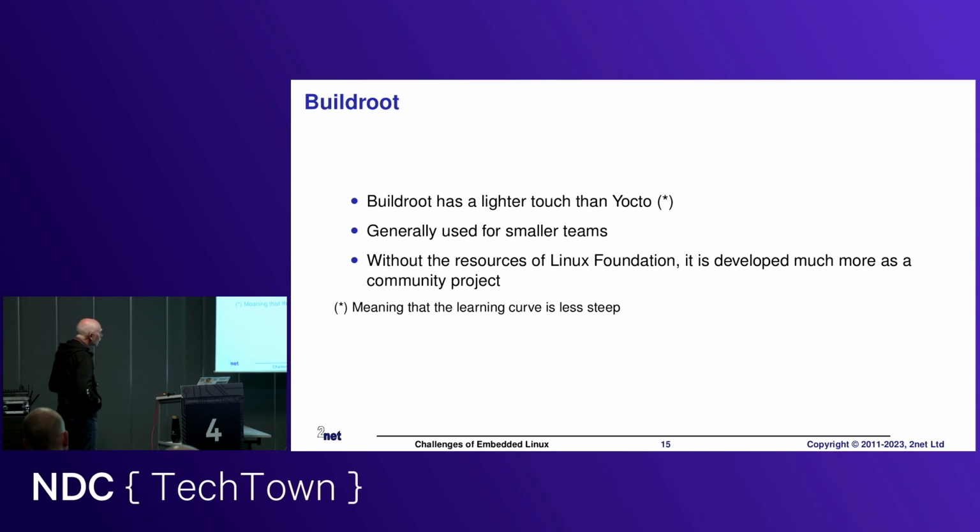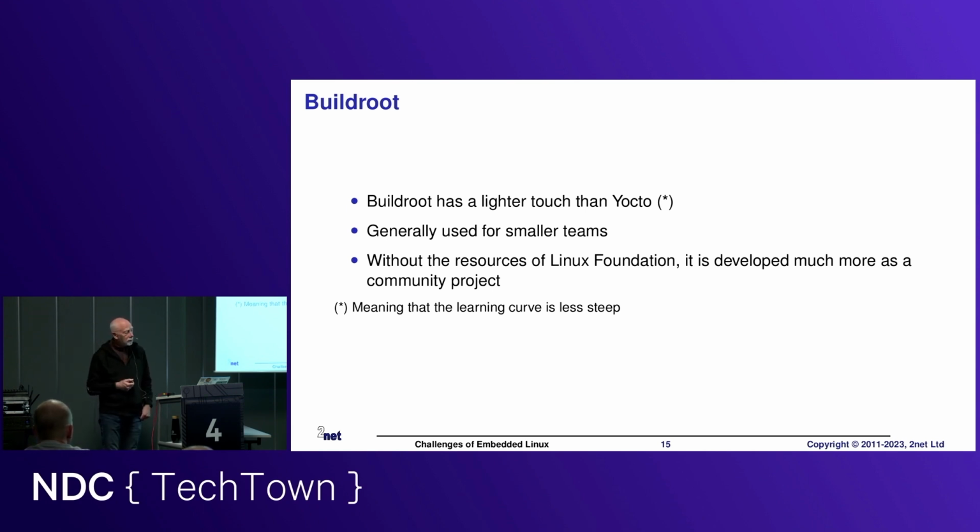Also, I'm going to mention Buildroot. So Buildroot is, well, a lighter touch, as it says on the slide. It doesn't require so much investment in time and effort to understand how it works. So it's great for people working in smaller teams, but it doesn't scale particularly well to large teams.